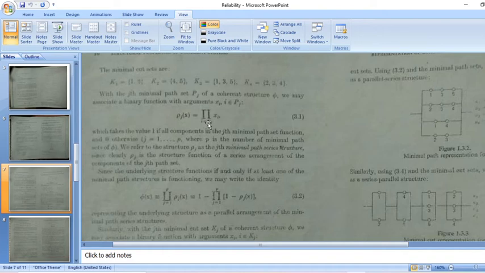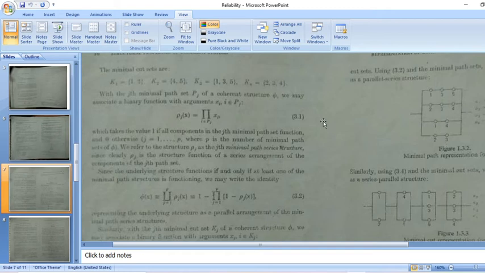So this will be the product over i belongs to pj, the jth minimal path, of xi. It is written here. Rho 2 is x2, x3, x4. For the second minimal path, the components are 2, 3 and 4. For the third minimal path, the components are 1 and 4. So rho 3 is x1 into x4. Likewise we can express all the minimal path structures.